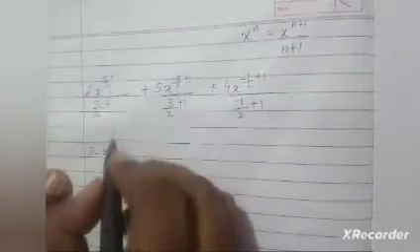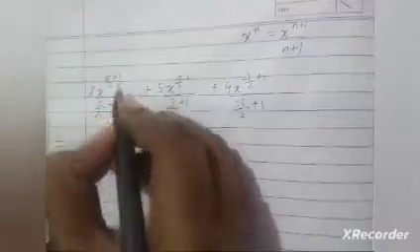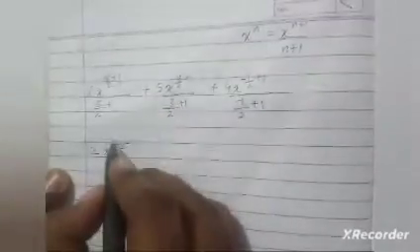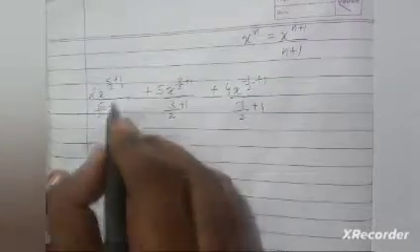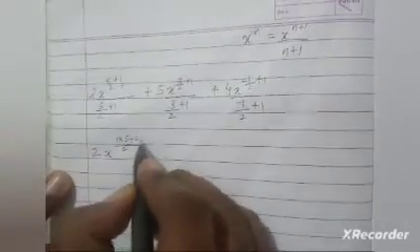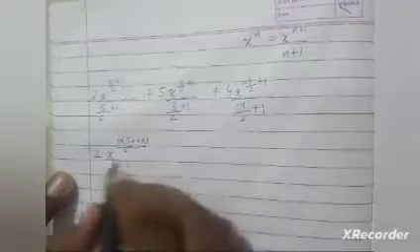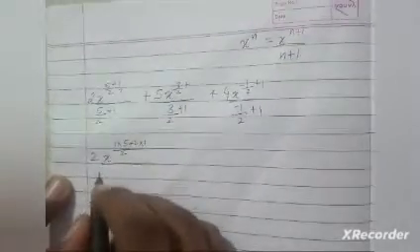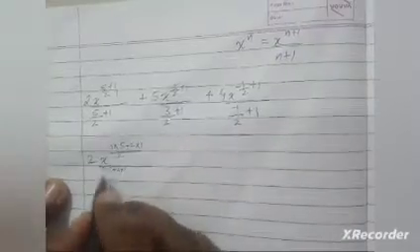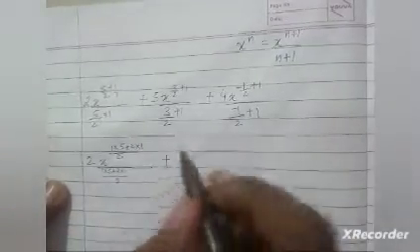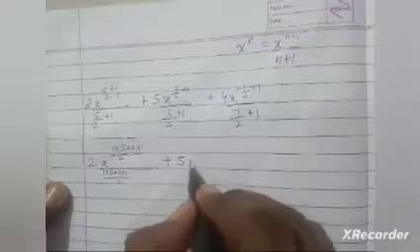Now we will write 2x. Now we will take LCM. LCM of 2 and 1 is 2. 2 1s are 2 multiplied by this 5 plus 1, 2 into this 1, divided by 1 into 5 plus 2 into 1 divided by 2, plus 5 into x.